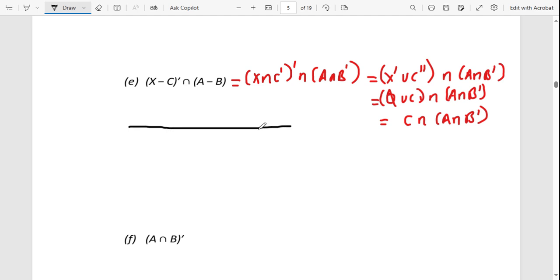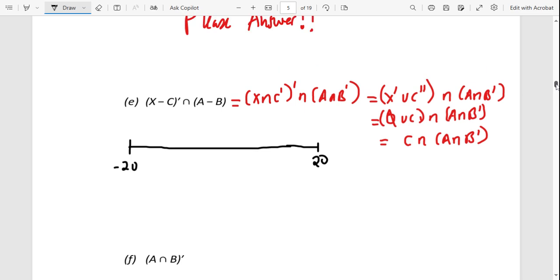Please remember, first start with the universal set, which is from negative 20 up to positive 20. Is it hard to put the universal set on the number line? Is it okay? Very good.